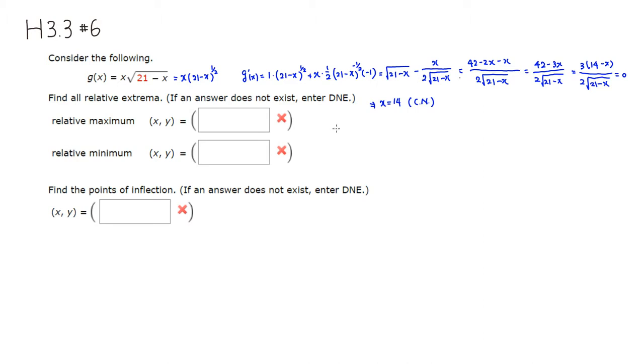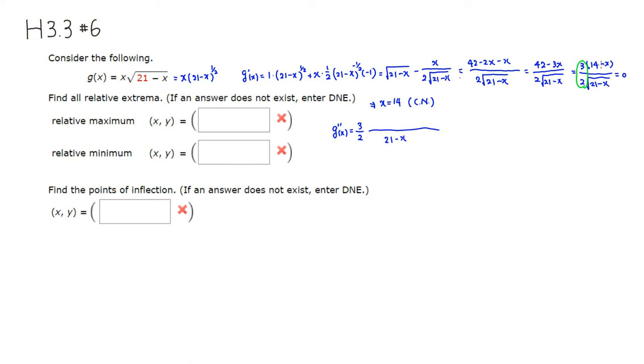Alright, so we have g double prime of x is equal to, you have a 3 over 2, which is just a number, so I'm going to put the 3 over 2 outside. Then I'm going to apply the quotient rule. Square the bottom, so you get 21 minus x.